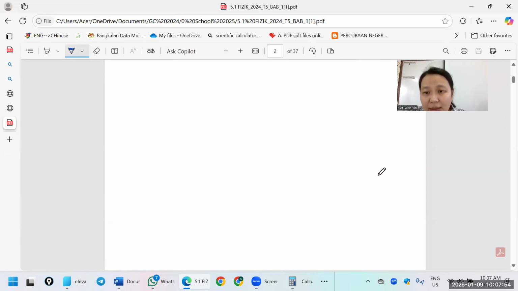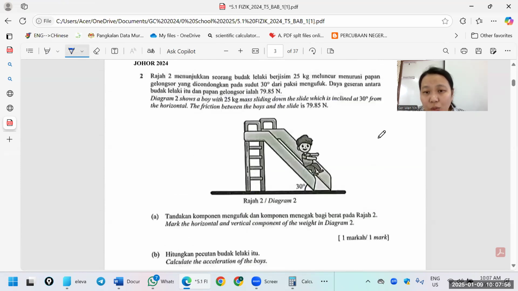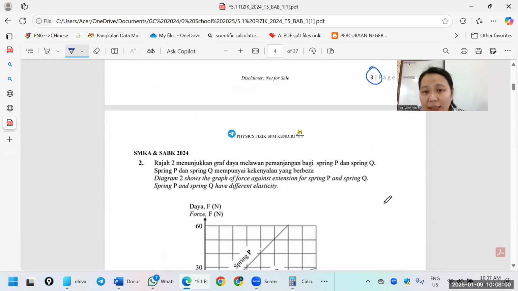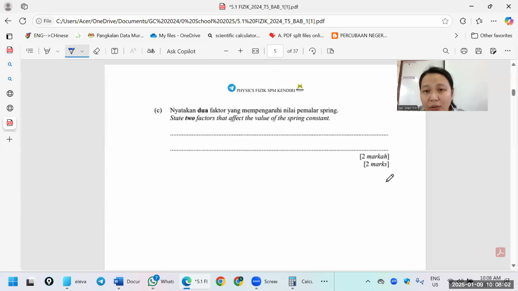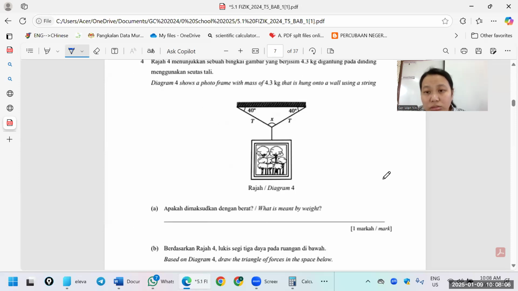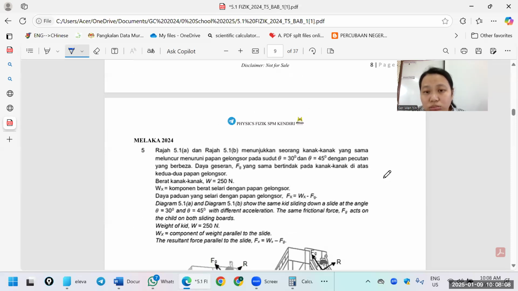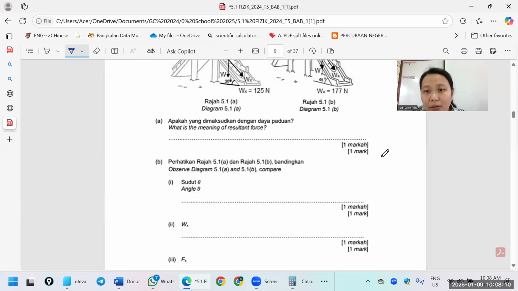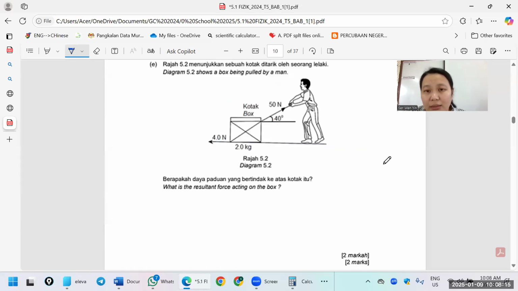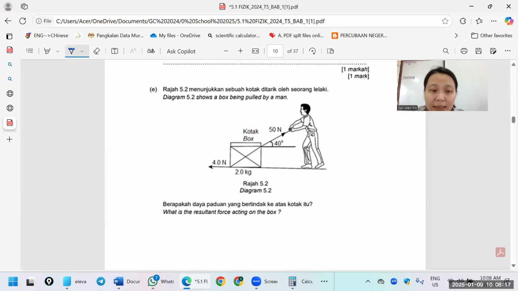Page 1, page 2, now everything the same as I told you. Page 1, 2, 3, 9, 10.